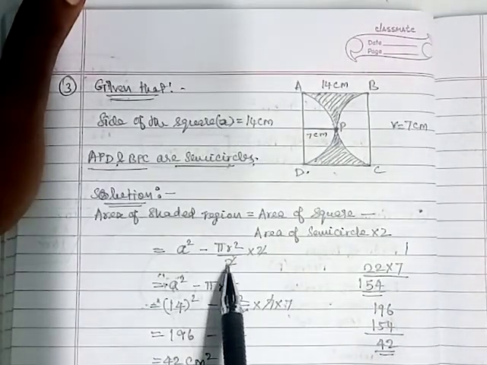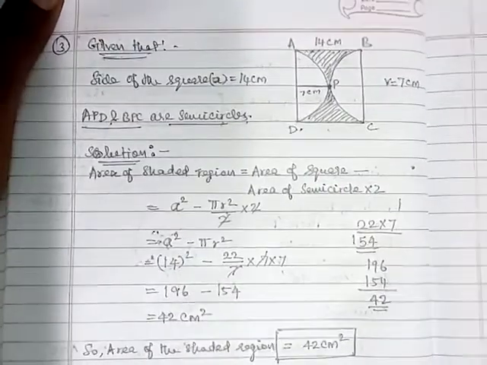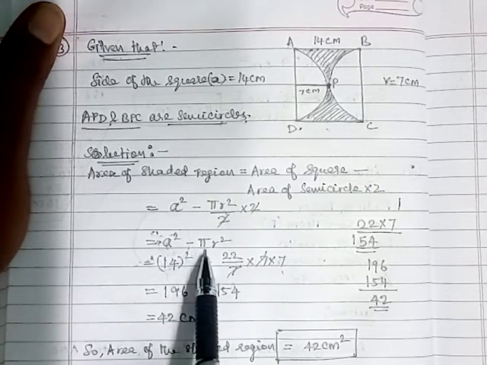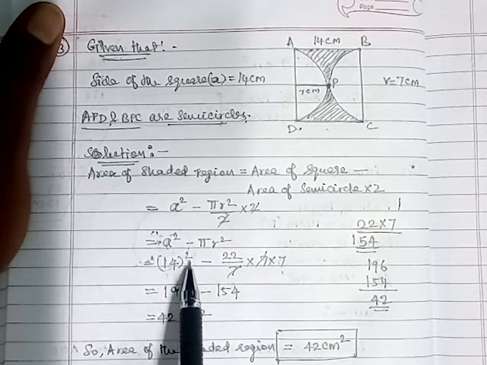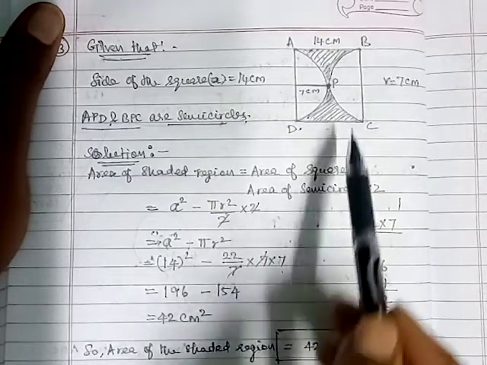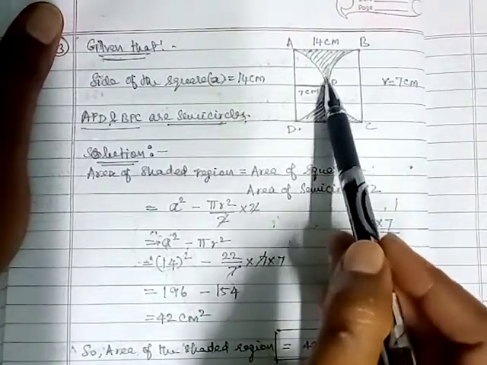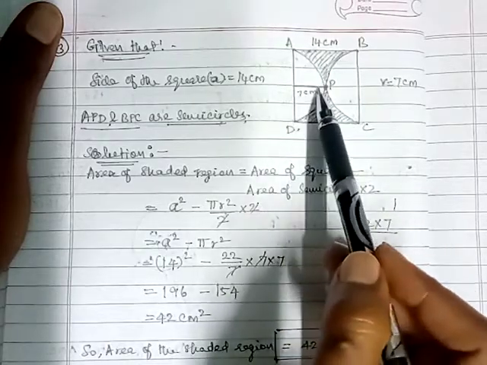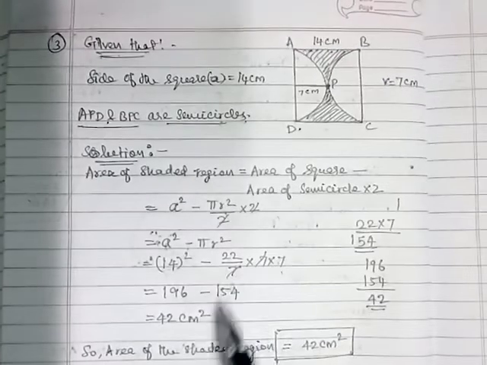That's the meaning. But by formula, if you put it this way, you can cancel the 2. So a squared minus pi r squared. A squared is 14 squared, pi value is 22/7. So this is 14 centimeter. Half of this side is 7 centimeter, right? So that is 22/7 into 7 into 7, 7 cancelled.